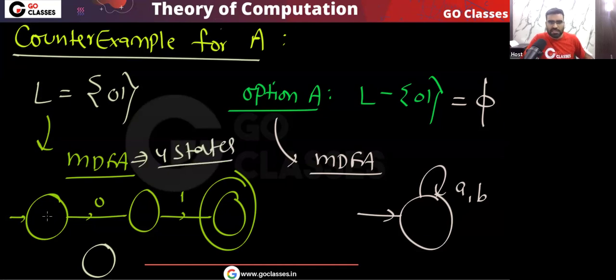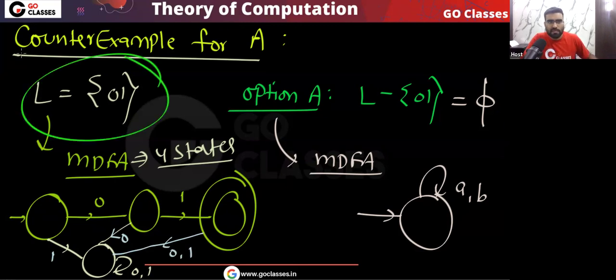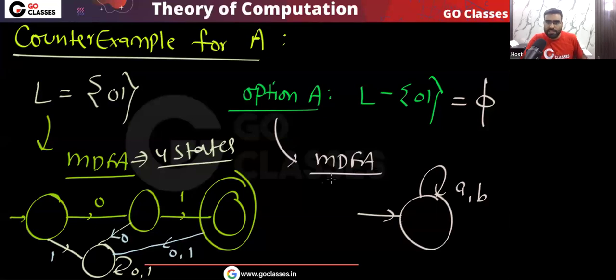You can easily see why four states, because there will be this dead state. So the minimal DFA has four states for this language, but for option A, the minimal DFA has one state.